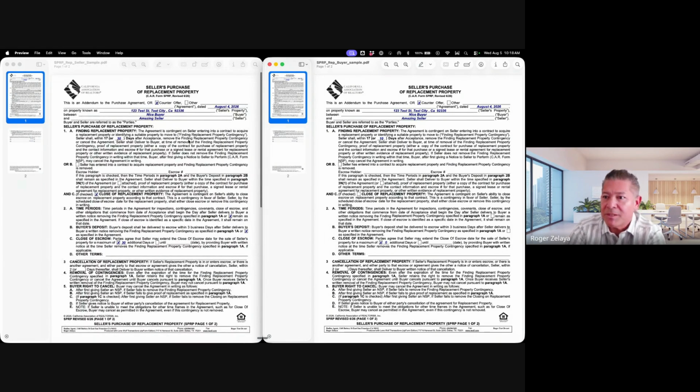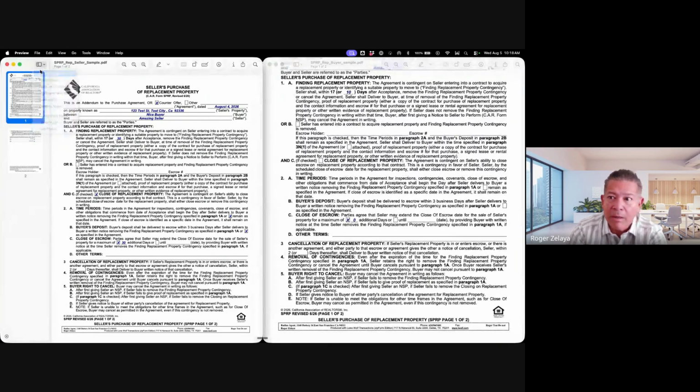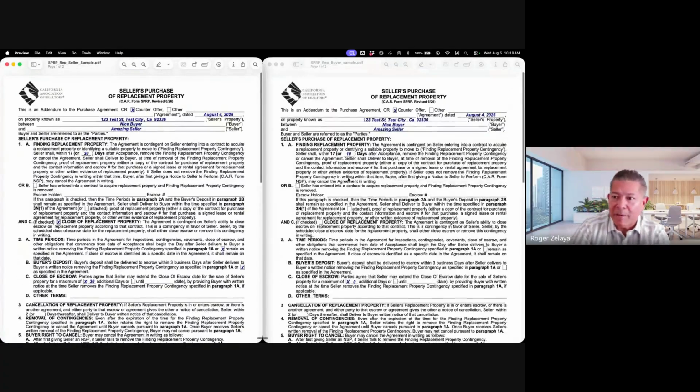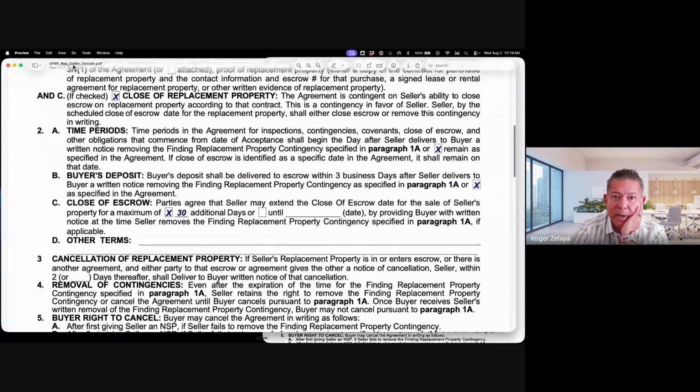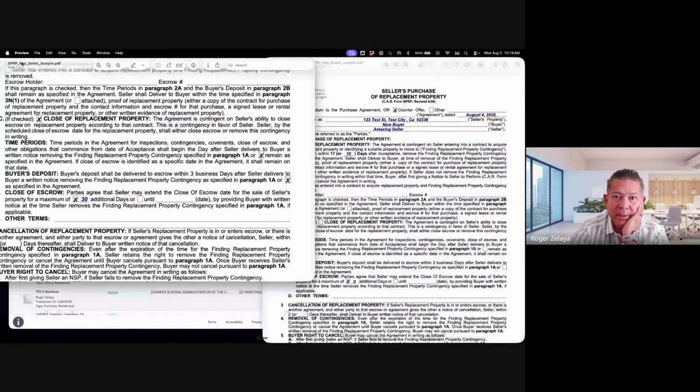So if we have these side by side, you notice that this is the buyer sample, this is the seller sample.